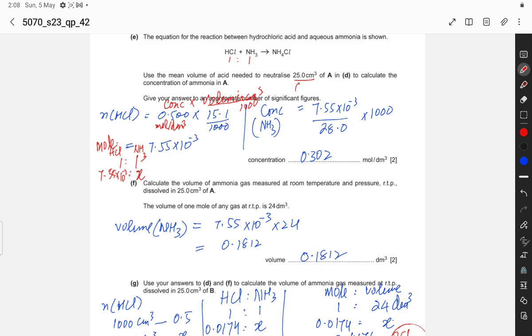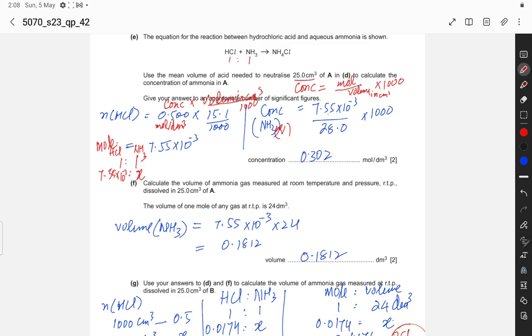Now the concentration formula is mole over volume × 1000, because volume is in centimeter cube, so we multiply by 1000 to equalize the unit, because concentration is always in mole per dm cube.